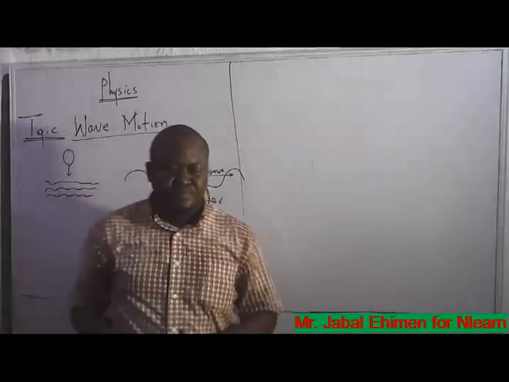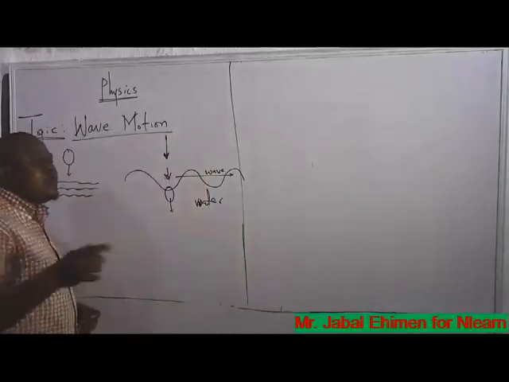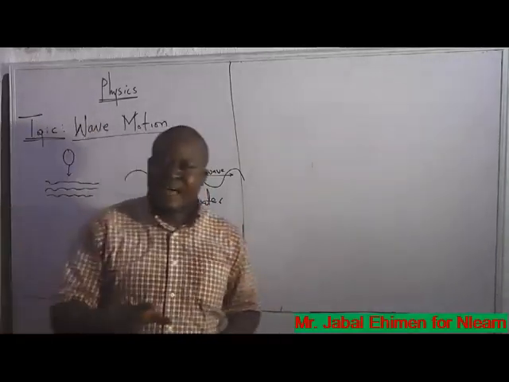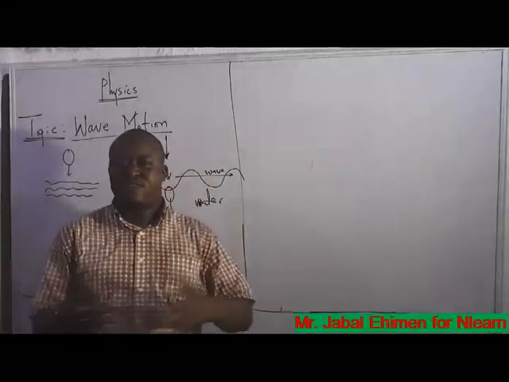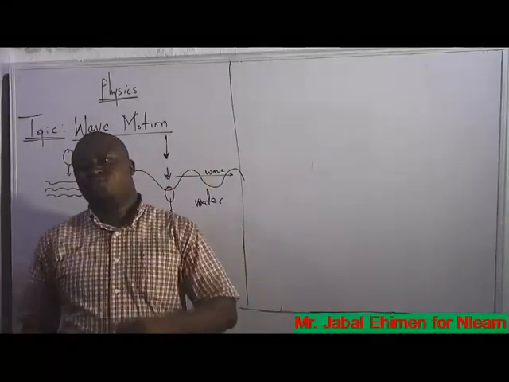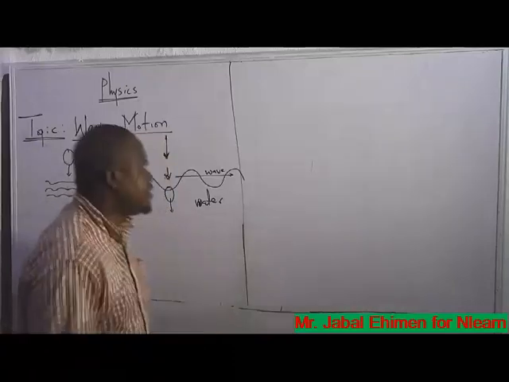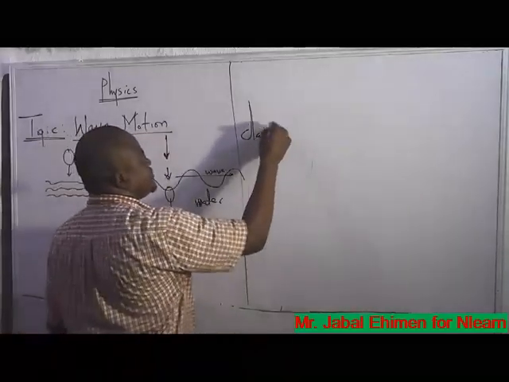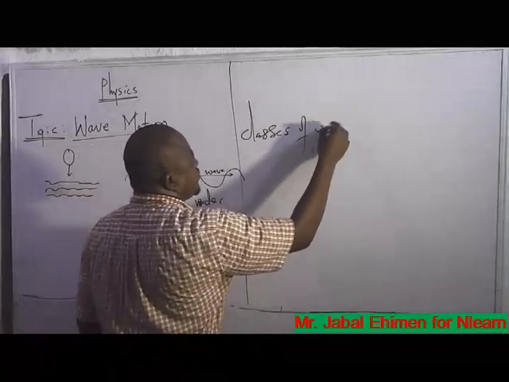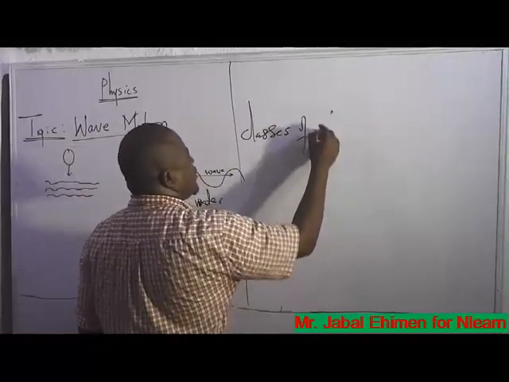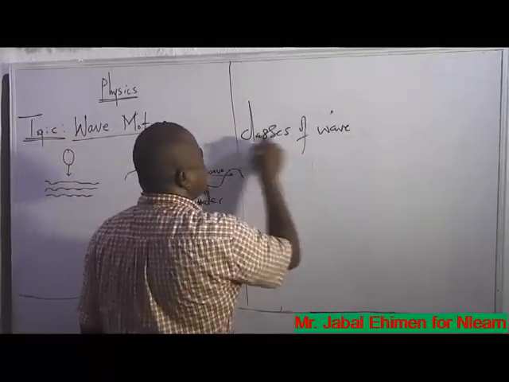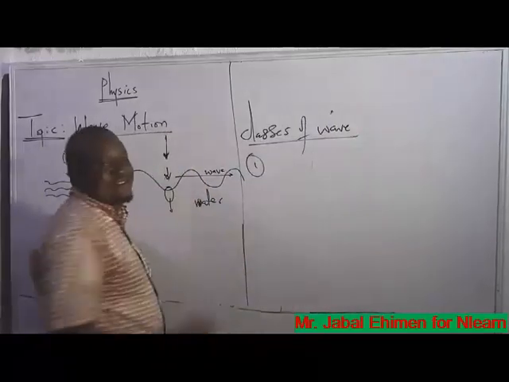So now, from there, that will move us to the next stage by asking ourselves, this wave, how many classes of wave do we have? We have just 2 classes of wave. So that's the classes of wave that we're talking about. The first one is simple.